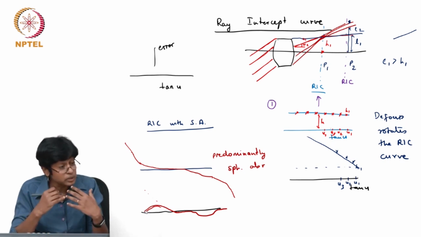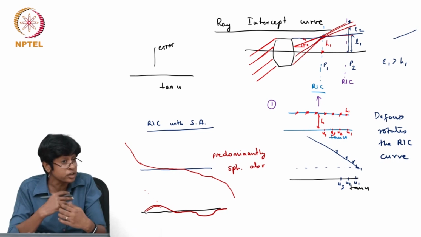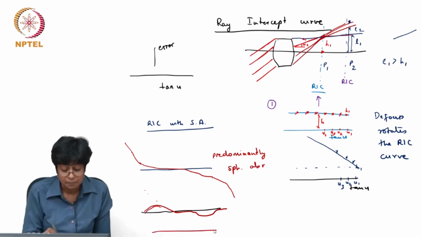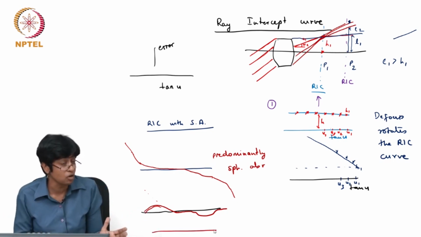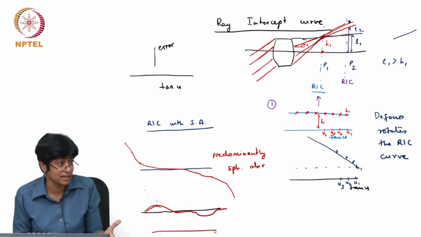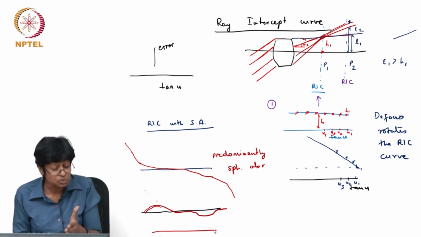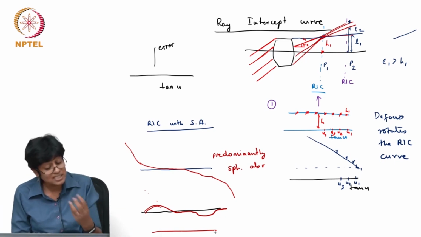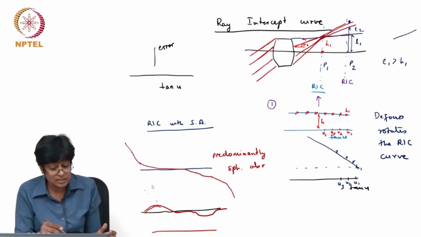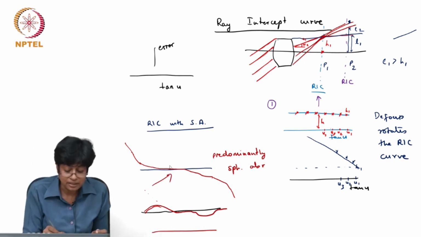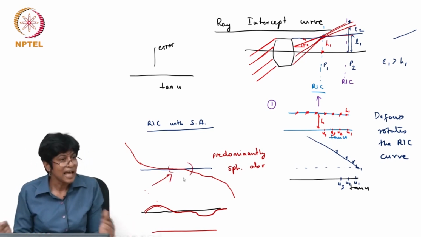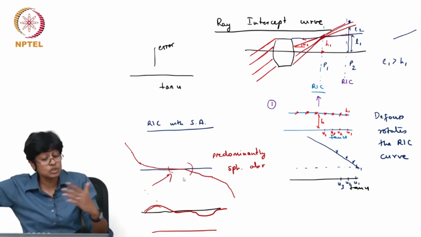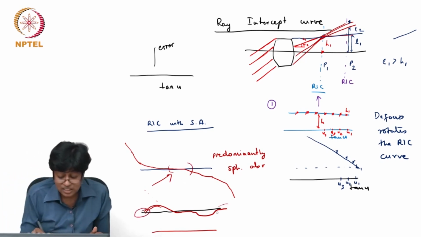If there was no aberration, if I had got rid of all of the spherical aberration, my RIC curve would be a nice flat horizontal line. But I said, and I said it repeatedly, you never correct for all zones of the lens. So this shows you some zones are corrected for. And why is this still better than this case? Because here the central part is fairly corrected, and as you go further and further away, it gets worse, and at least that region gets corrected.